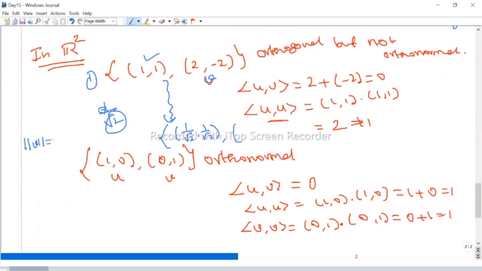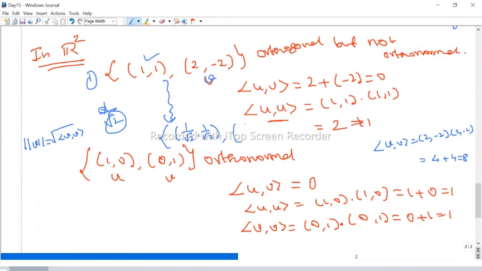Norm of v is nothing but the square root of the inner product of v comma v. What is the inner product of v comma v? It is nothing but (2, -2) dot (2, -2). Just multiply 2 into 2, 4, and then 2 into 2, minus into minus, plus 2 into 2, 4. 4 plus 4 is 8.